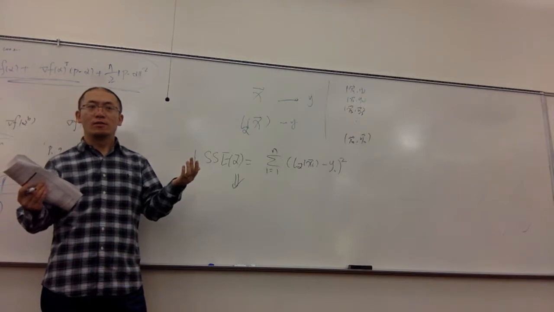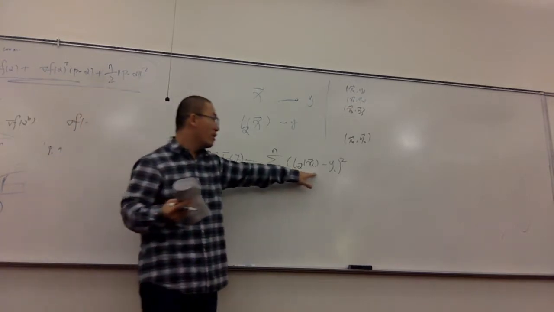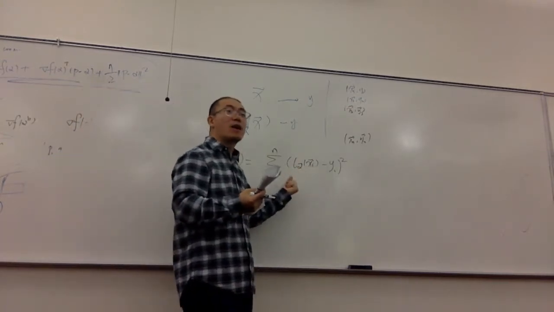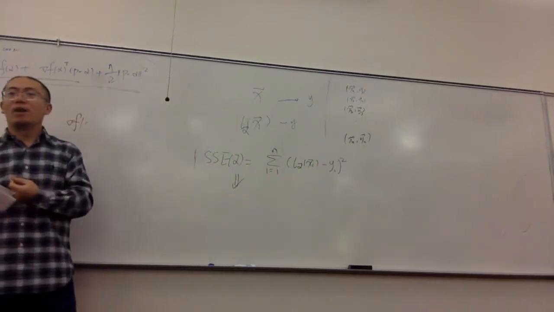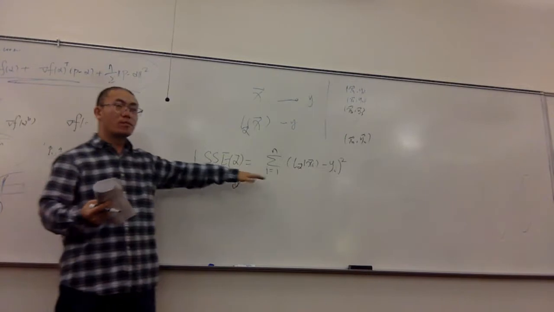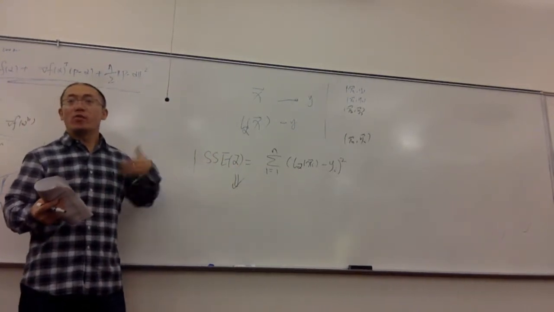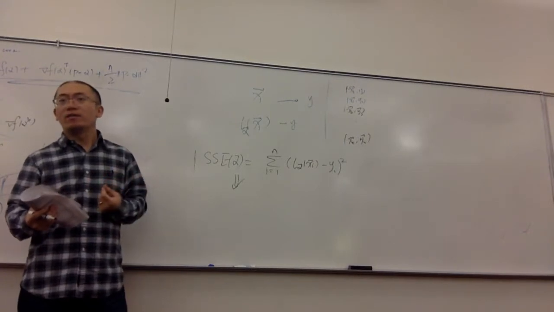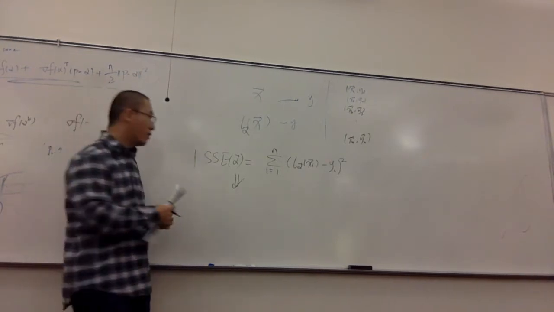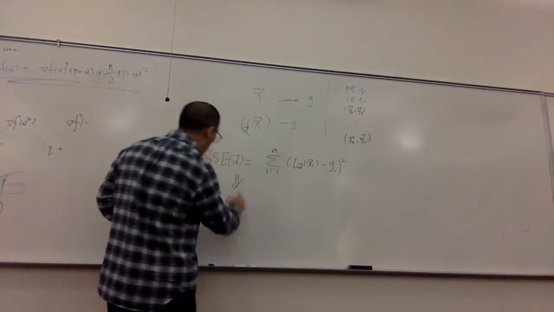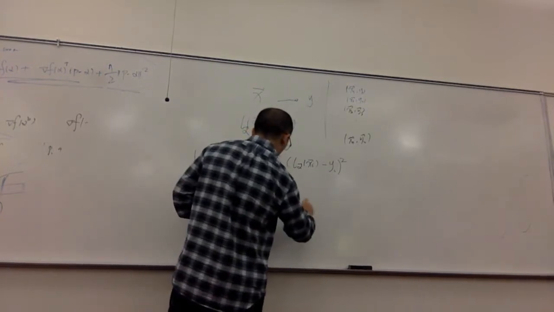Could we use gradient descent? Yeah, that's why we introduce gradient descent. In the case that this objective function is very complex, we don't have analytical solutions, but we still want to find some model parameters that make SSE as small as possible. Then we use algorithmic steps to optimize it. That relates to the gradient descent framework. So in general, we can use the gradient descent framework to find the best alpha.